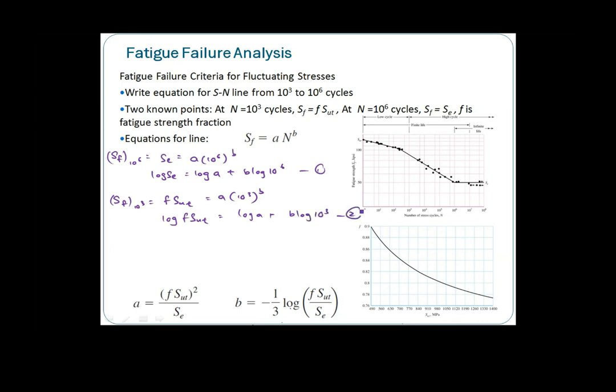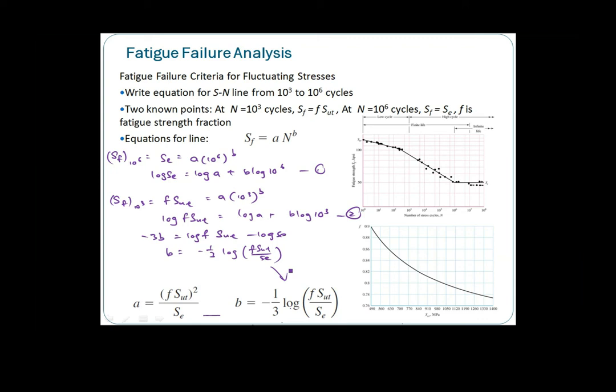Using these two equations, if we do equation 1 minus equation 2, then we have negative 3B equals log of Se minus log of f Sut. So B equals negative 1 over 3 log of f Sut over Se. So we can find our unknown B from here.